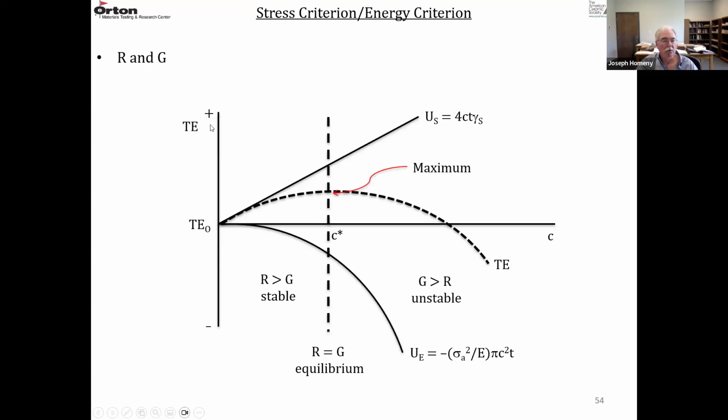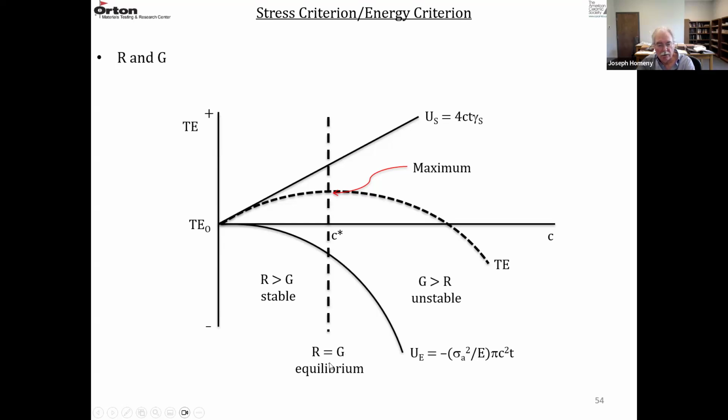So if we go back to our total energy versus crack length plot, here's our C star, our critical crack length. This is the fracture surface energy plot for CTγS. This is the stored elastic strain energy part, minus σA squared over E times πC squared times T.